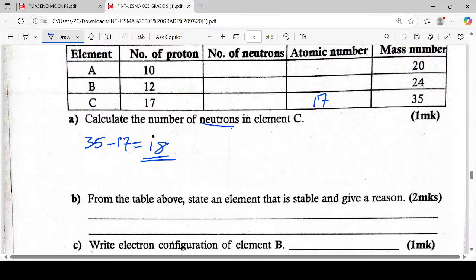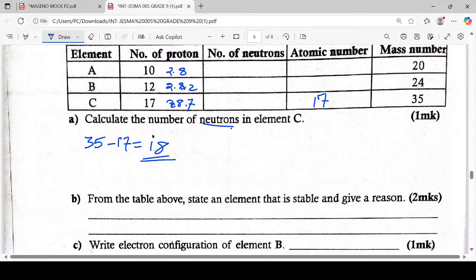So maybe here 10, this will be 2.8, 2.8.2, 2.8.7.